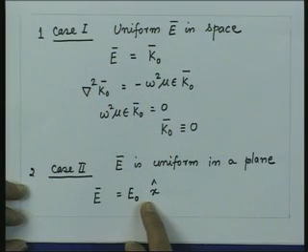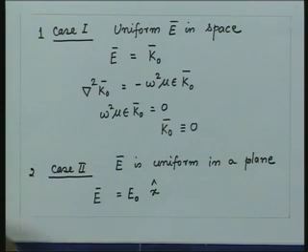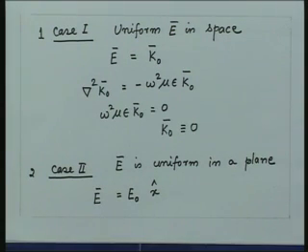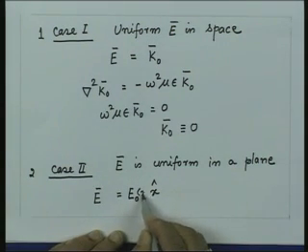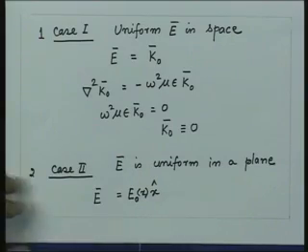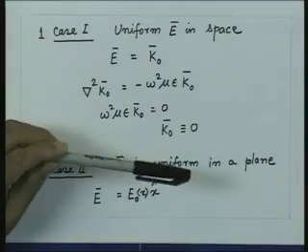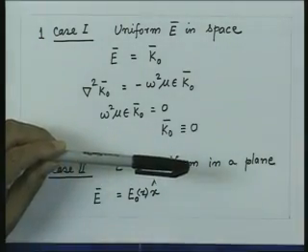So if I consider a case that the electric field which is oriented in x direction is constant in a plane containing the x axis, let us say the electric field is varying in the x direction, in the direction of its orientation. So let us say this quantity is only a function of x. So the electric field is oriented in x direction, and we are assuming it is varying in x direction.